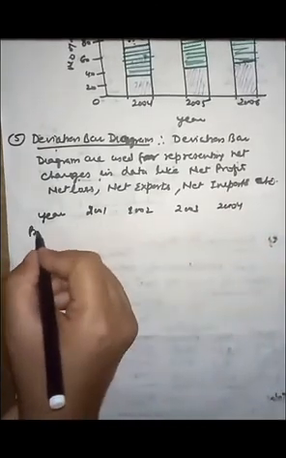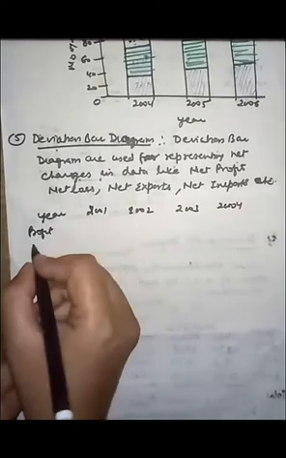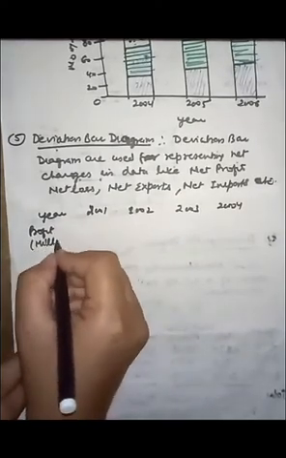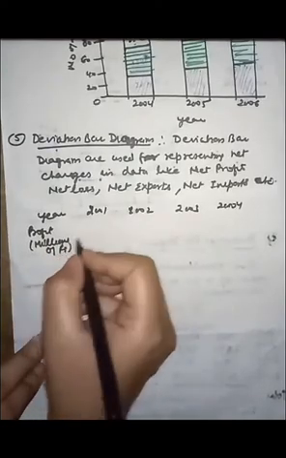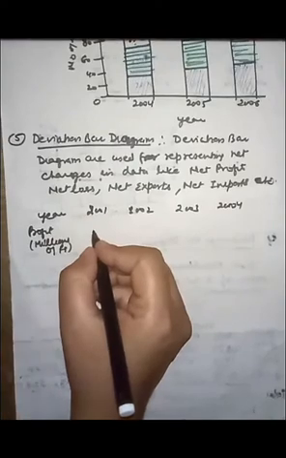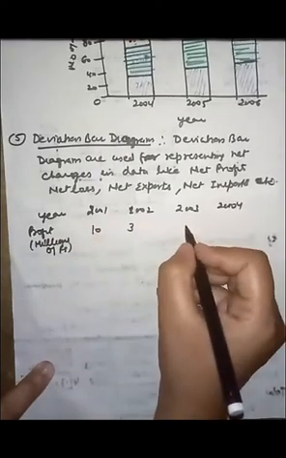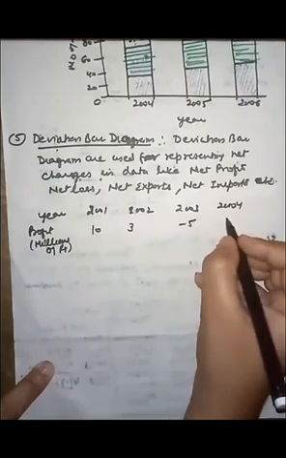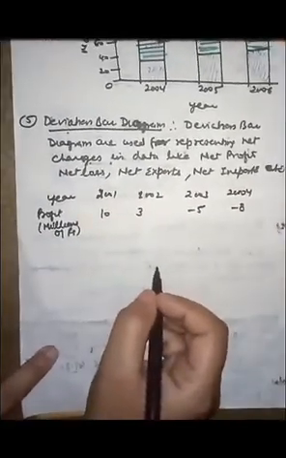Take 4 years, and profit in millions of rupees is 10, 3, this one is -5, and this one is -8, right?